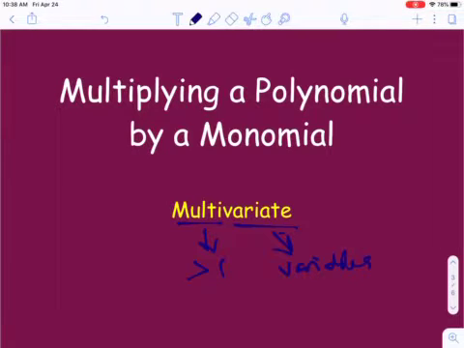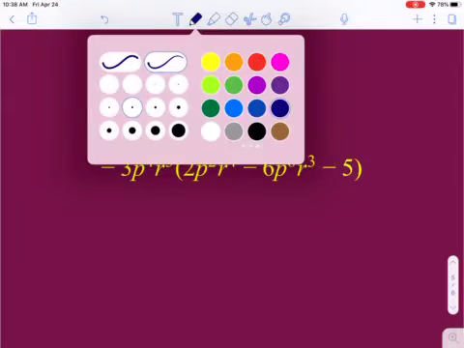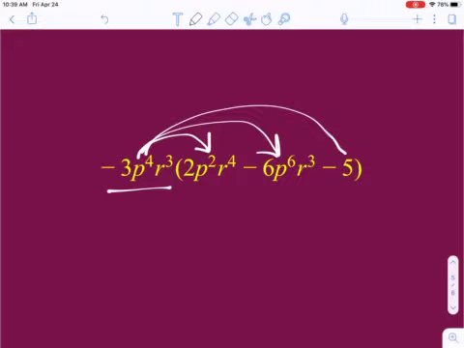All right. So let's look at what those problems look like, and they're ugly, but they're not necessarily difficult. It's just a matter of keeping track of things. So I've got this monomial, which is pretty brutal looking, and we're going to multiply that by all three of these things.